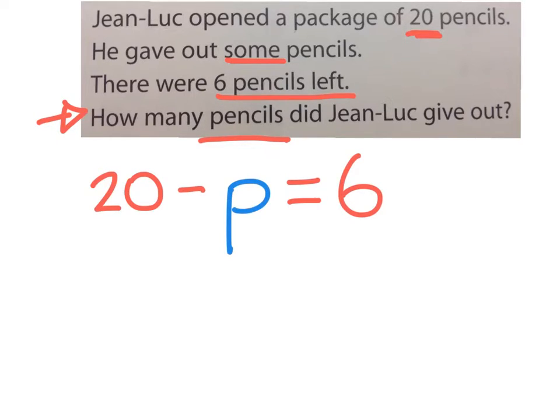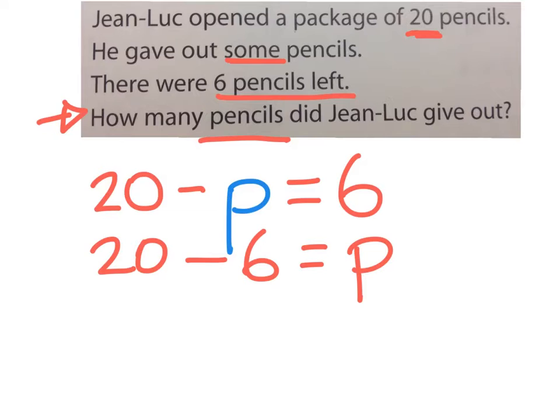So I'm going to think about fact families and how else I could write this equation. So you know how else I could write this? I could write this as 20 minus 6 equals P. And remember that subtraction and addition are like brother and sister.